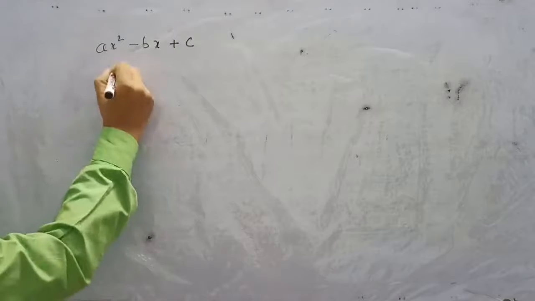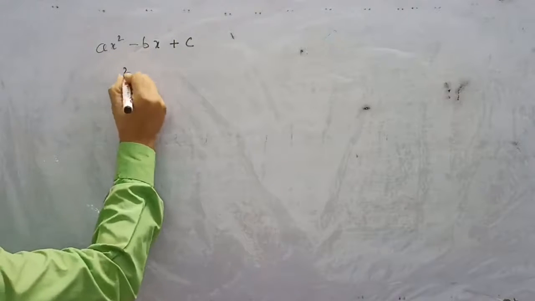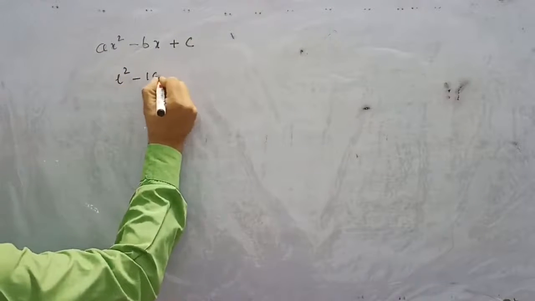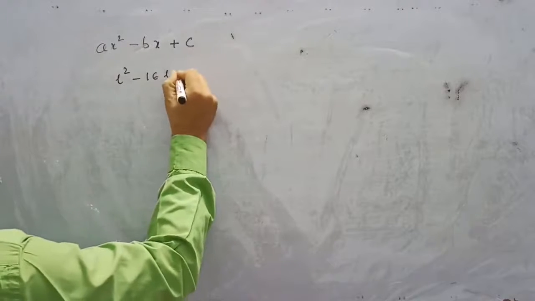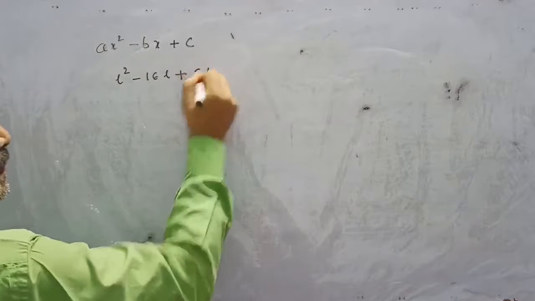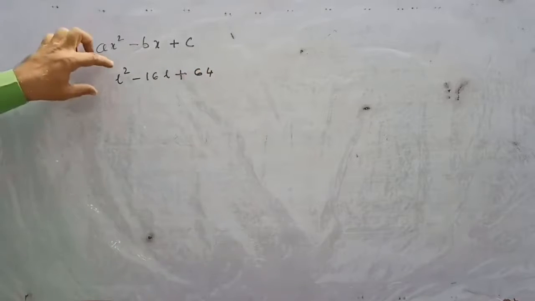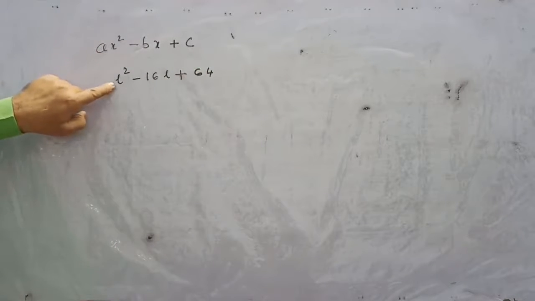Example. Suppose L square minus 16L plus 64. Now the given problem is in terms of L.